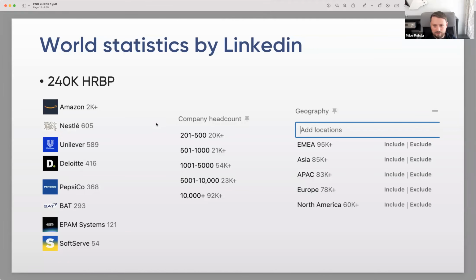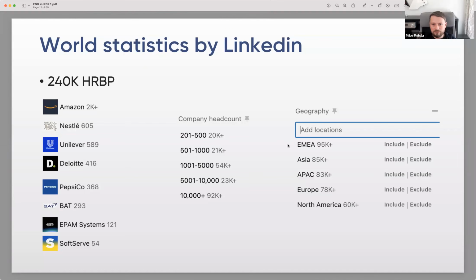Yeah, and if we look by company headcount, we will find the more HR business partners in 10,000 plus headcount companies, which is, I think, obvious, because the bigger company, the more it needs human resources business partners. And by locations, actually, we see that it's almost equal.